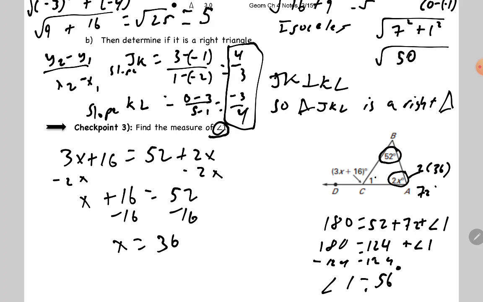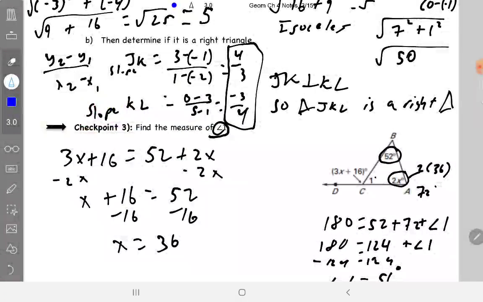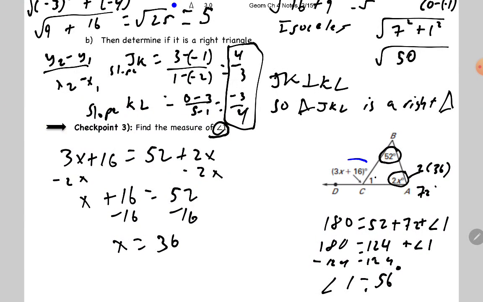The other way you could have done it, let me do this in a different color, is this angle plus angle 1 is also 180 degrees because they make a straight line. So 3 times 36 plus 16 plus angle 1 is 180.